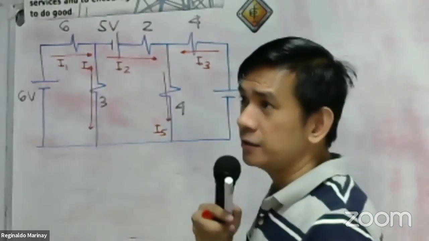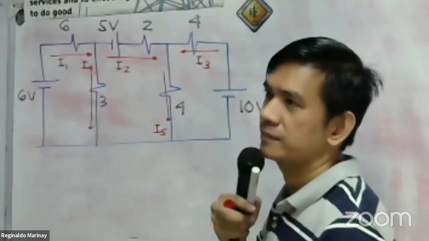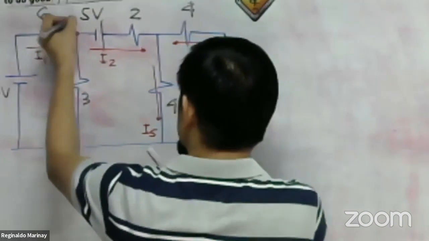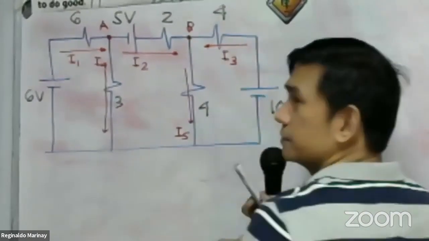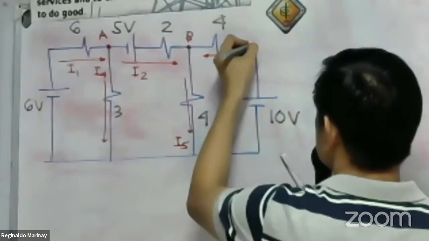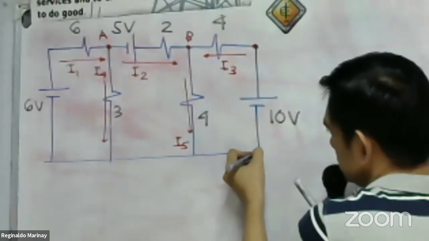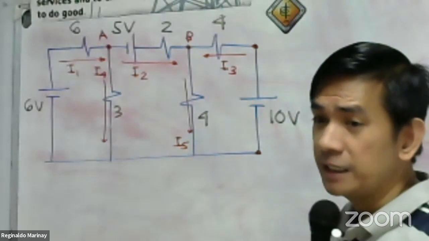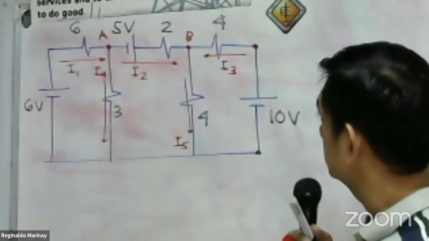We will make use of Kirchhoff's current law. We have node A. We have node B. Is this a node? Is this a node? The answer is no, because there is no separation, the current does not divide.